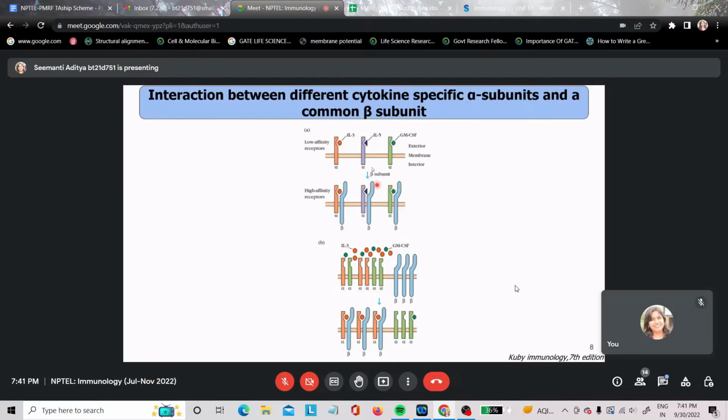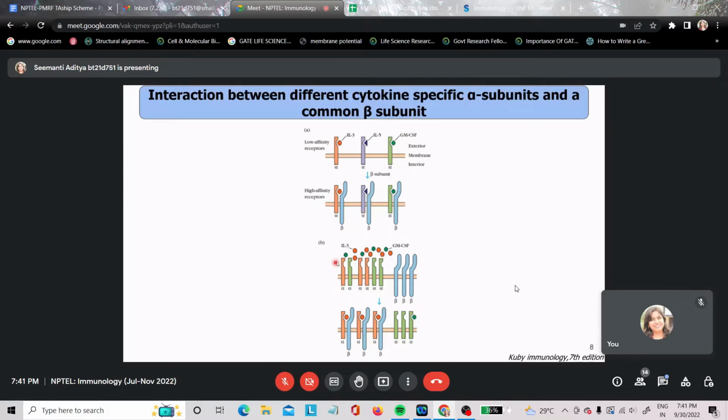Mostly the beta subunits will be bound by the alpha subunits of the interleukin receptors, so there will be less beta subunit present for GM-CSF, and its signaling will be reduced. Signaling mediated by GM-CSF will be reduced, whereas the signaling mediated by IL-3 and IL-5 will be exaggerated.